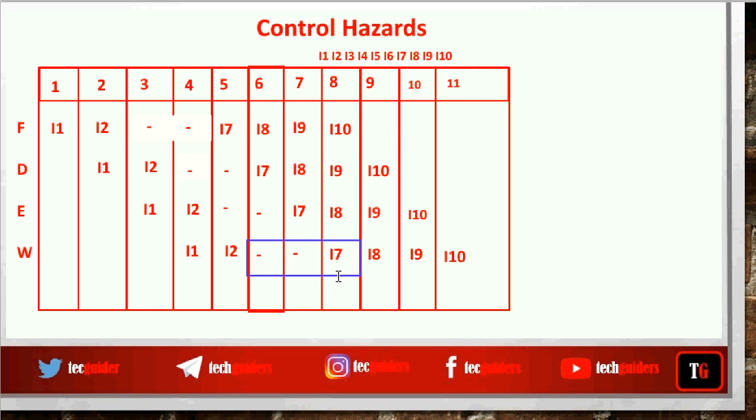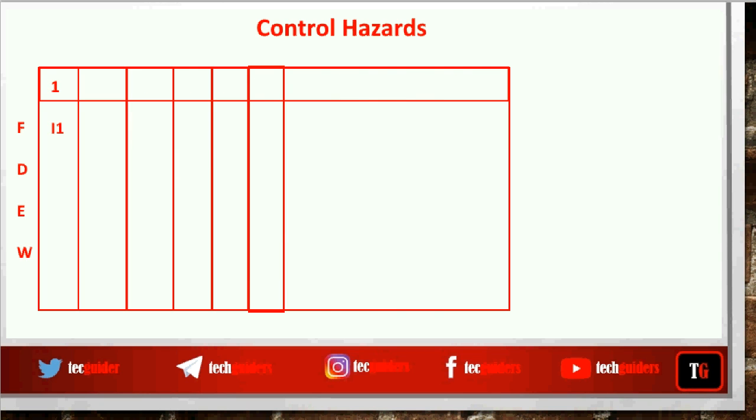Now, what if the condition is evaluated to be false? In cycle 1, we fetched I1. In cycle 2, we decoded I1, fetched I2. In cycle 3, we executed I1, decoded I2, fetched I3. In cycle 4, we write back I1, executed I2, decoded I3, and fetched I4. And once the execution stage of I2 is over, suppose it was realized that the condition is false, means we need not take a branch to the target instruction I7.